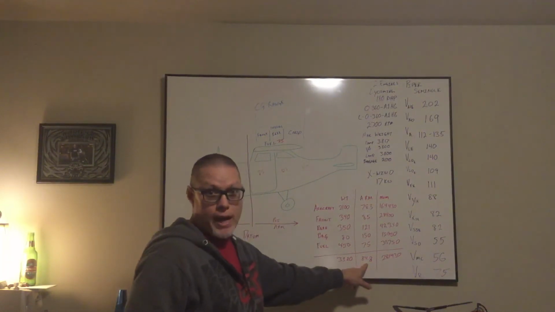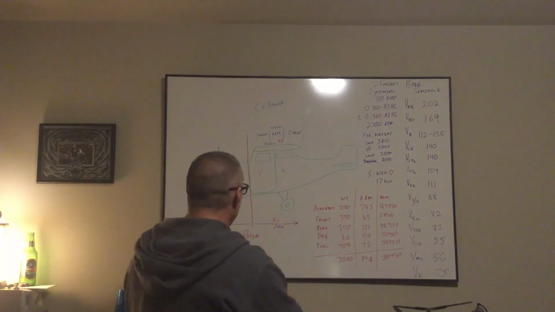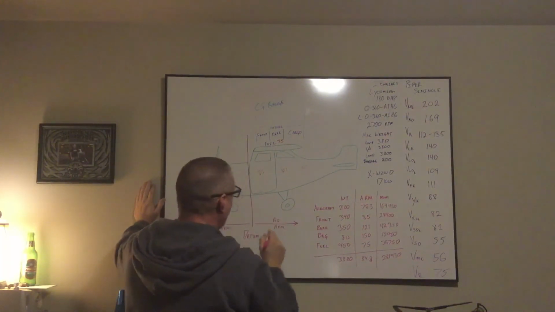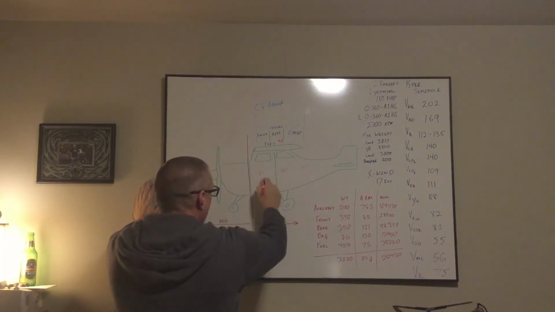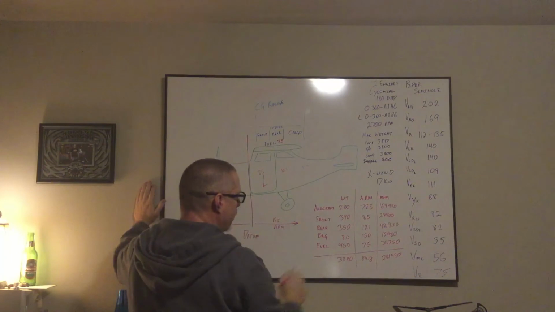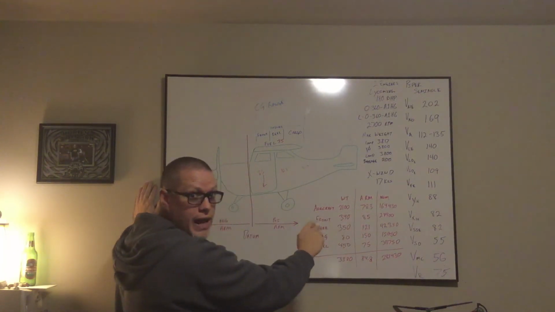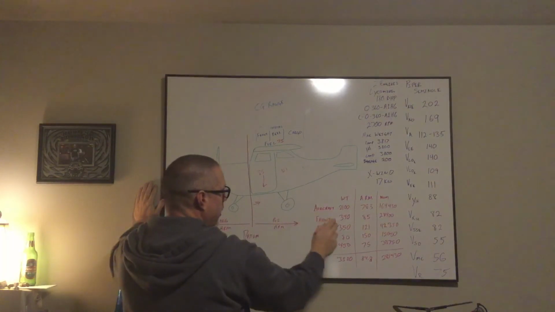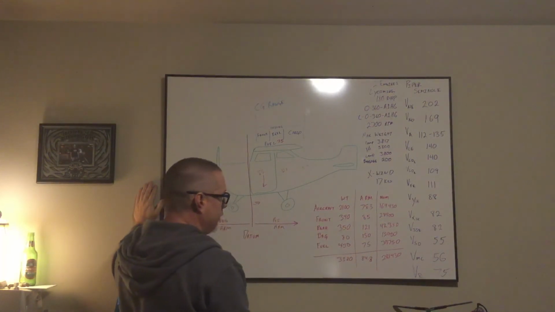So 84.8 being our new arm means that our new balance point is 84.8 inches back, which our front passenger is at 85. So we moved our balance point from 78.3 to 84.8.